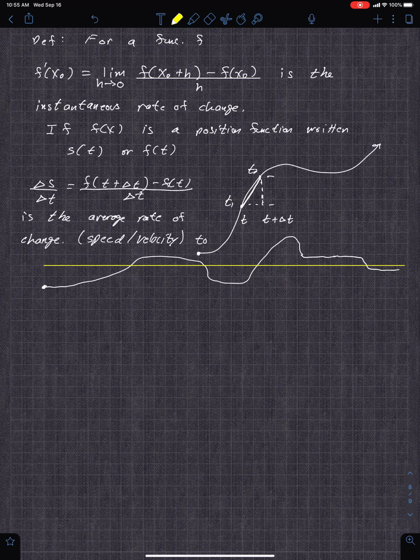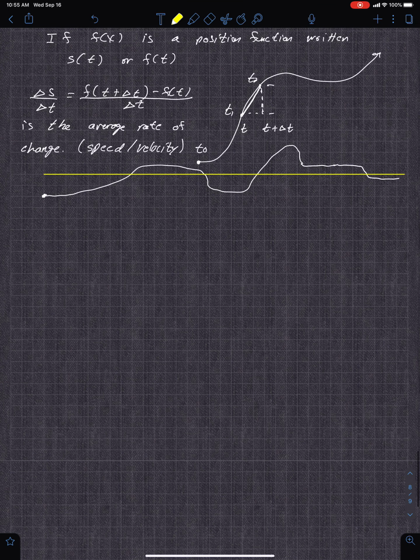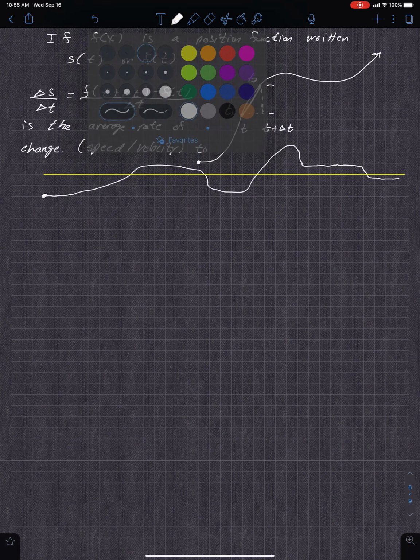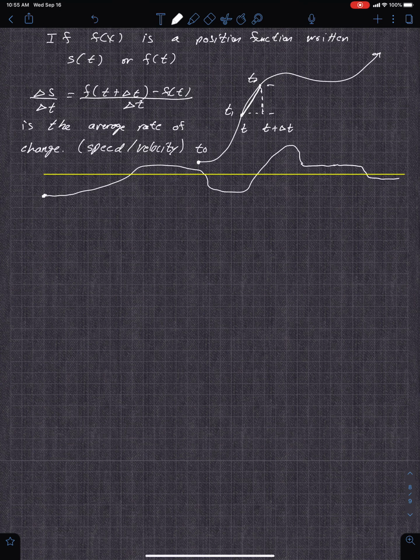We want to talk about not average speed. We want to talk about instantaneous rate of change. So that's how it is defined. The instantaneous velocity is s prime of t, which is equal to velocity, v of t.